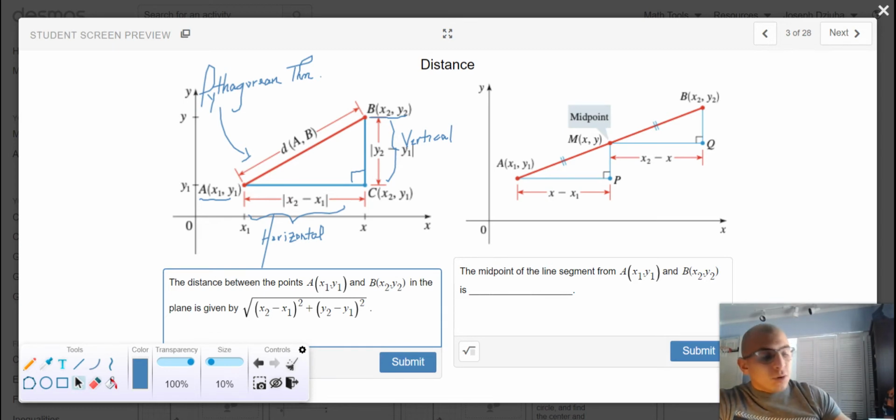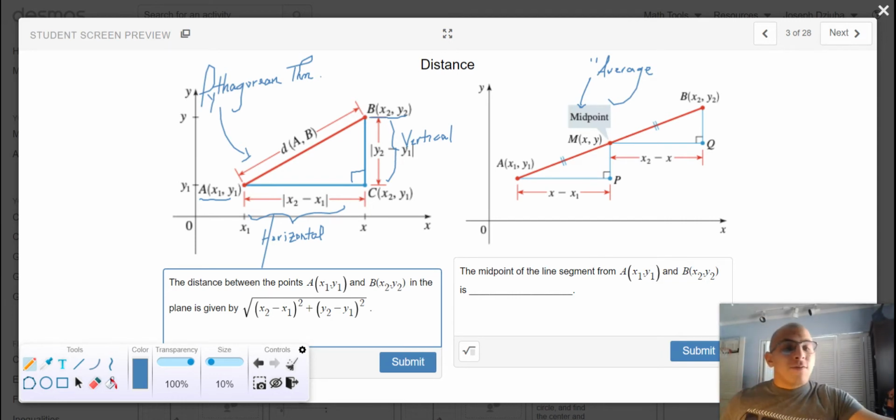As for the midpoint, I can get into a long-winded explanation about how this comes from similar triangles and congruence theorems, but we're going to avoid all that. With the midpoint, I want you to think of the word average. Because basically when we are calculating a midpoint, we are taking a graphical average of the coordinates.